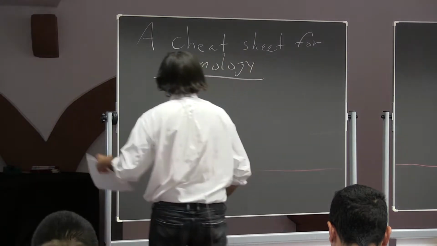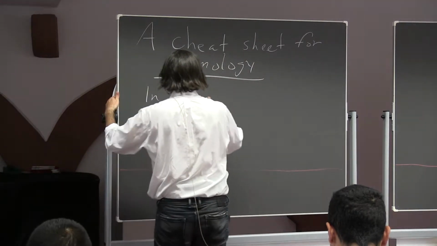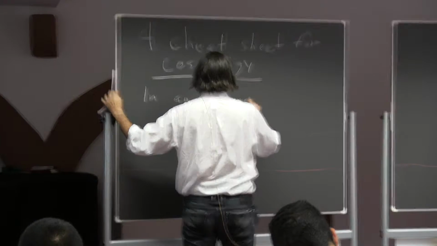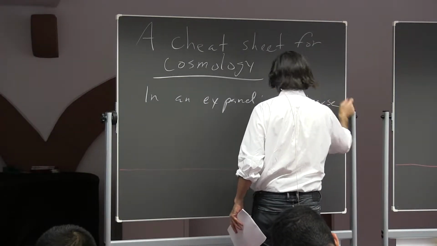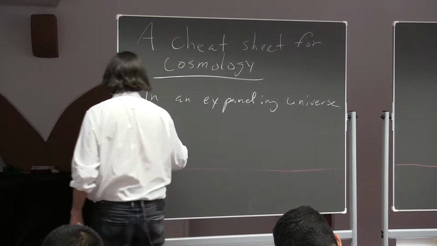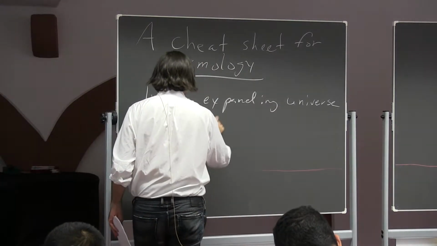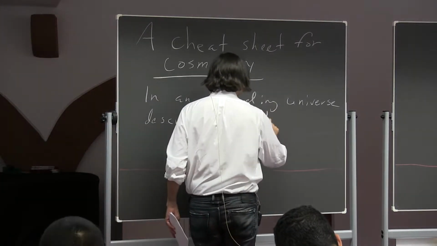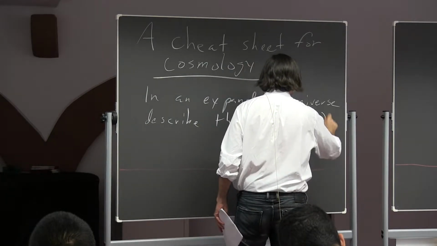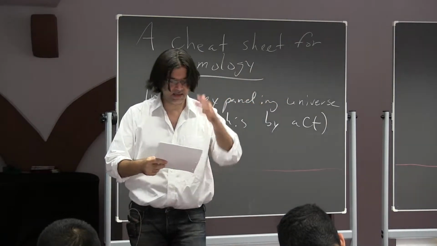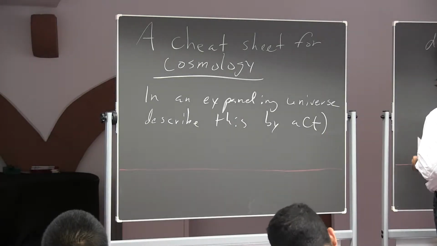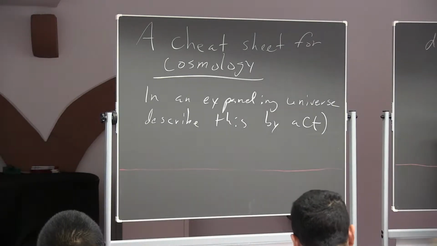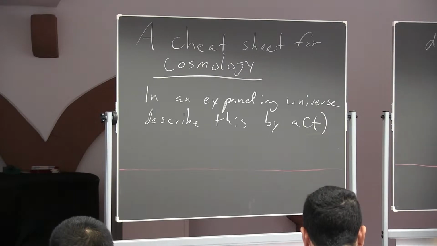So in an expanding universe, we all learned last week that you can describe this by a scale factor, a of t, right? So a of t, as you learned last week, is a component of the metric.